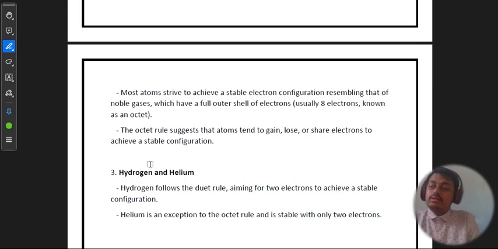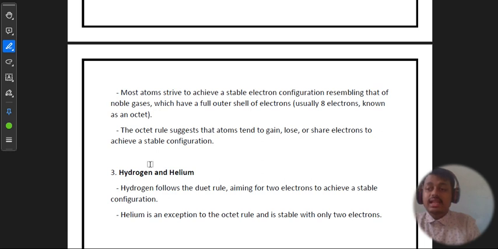We know that all the atoms of the periodic table of elements want to achieve stability, and to achieve stability the basic fundamental rule is that every atom should have 8 electrons in their outermost shell. This is how they achieve stability.